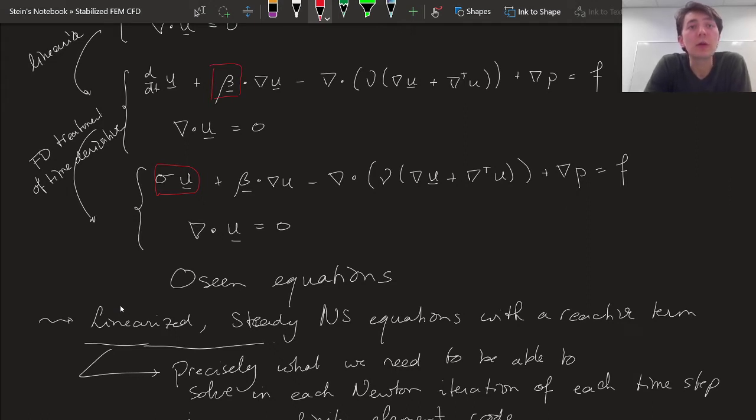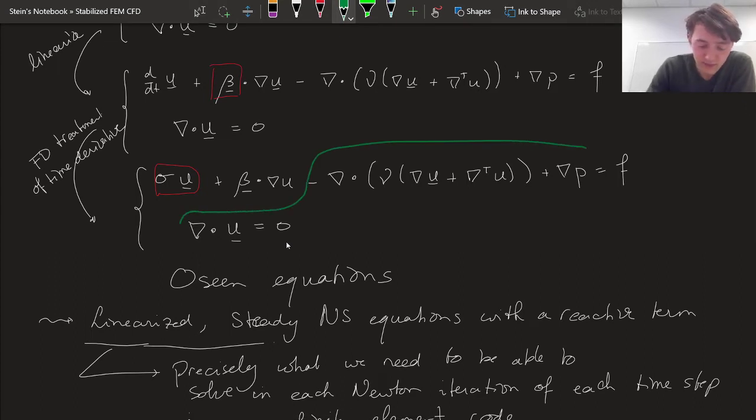So that means that we have to dissect our Oseen equations into the different segments that we are familiar with. First of all, we'll look at the terms that we actually know. This part of our Oseen equation is the part that we've just discussed quite extensively for a series of videos.